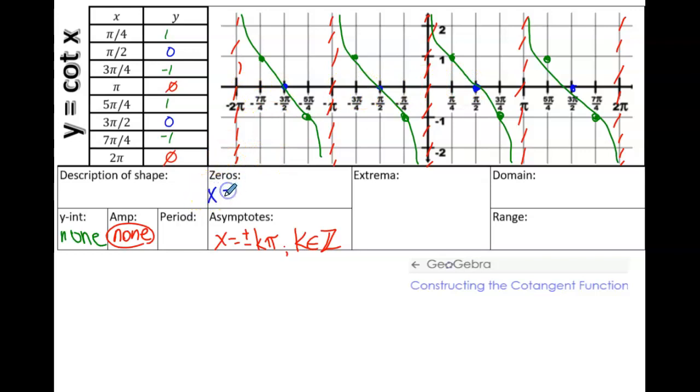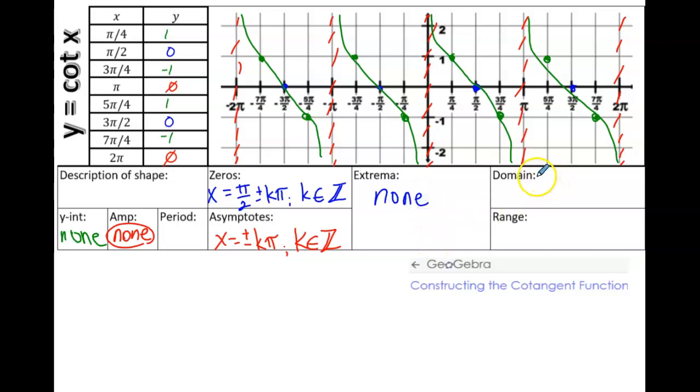So zeros are located at x equals pi over 2 plus or minus k pi, where k is an element of the integers. Okay, then that makes our extrema next, and there are no absolute or relative extrema, so that's a none.